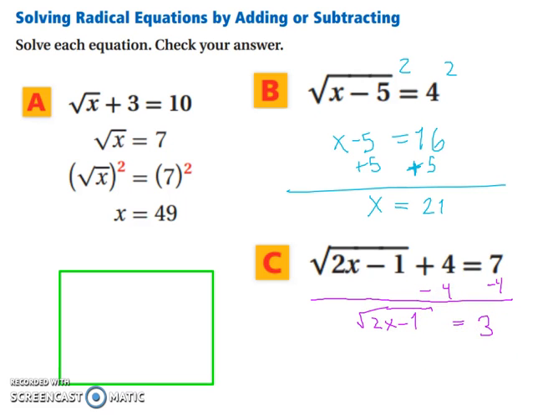So now we can square both sides, and we end up with 2x minus 1 equaling 9. So then we can add 1 to both sides, and we end up with 2x equals 10. And then dividing by 2 on both sides gives us 5.